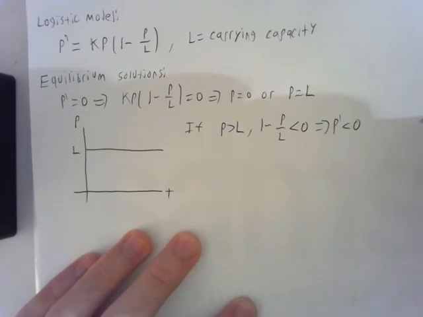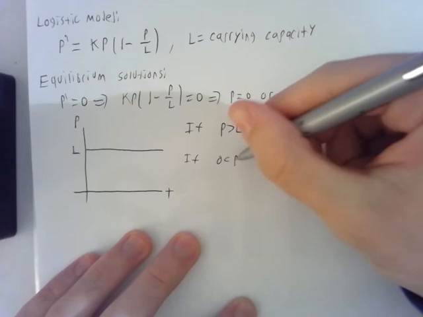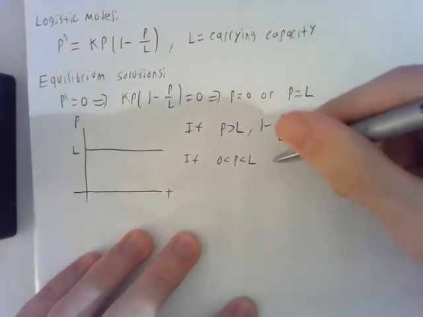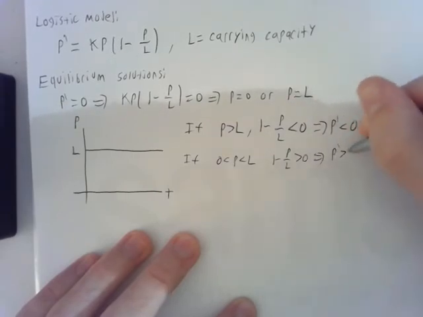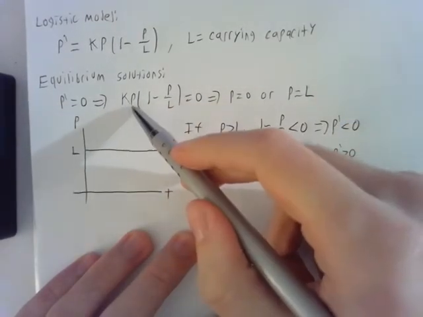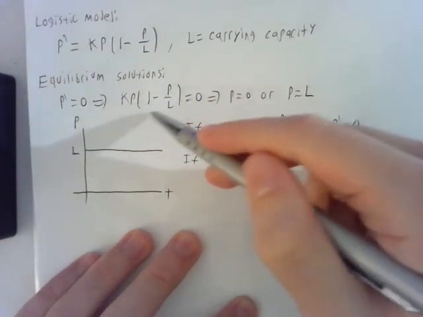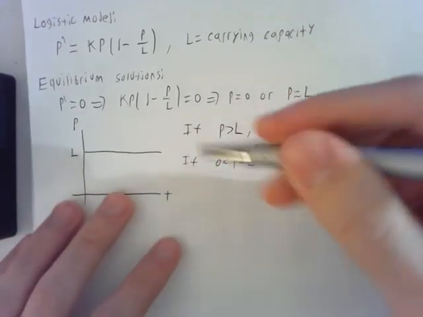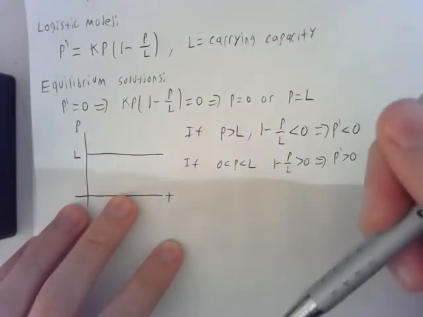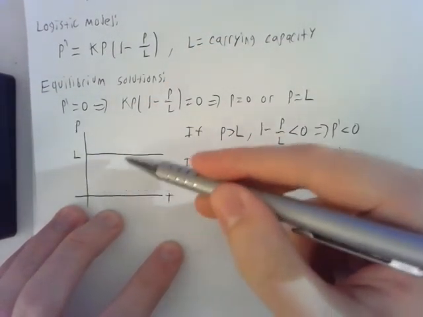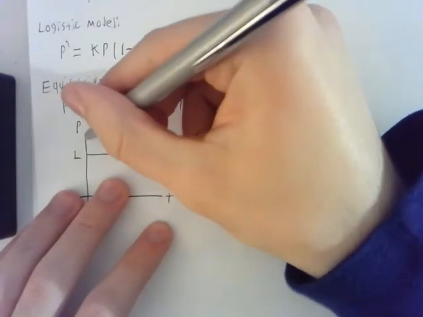We can also find that if 0 is less than P is less than L, then this quantity is positive, so P prime has to be positive, because P is always positive, it's the population of some creature. What determines the sign of the derivative is just this piece here. So if we're up in this region up here, then the function is going to be decreasing. If we're in this region down here, the function is going to be increasing. So the solutions end up looking sort of like this.